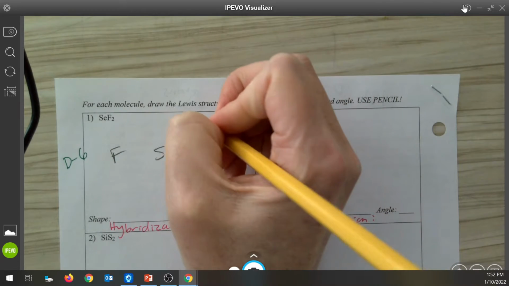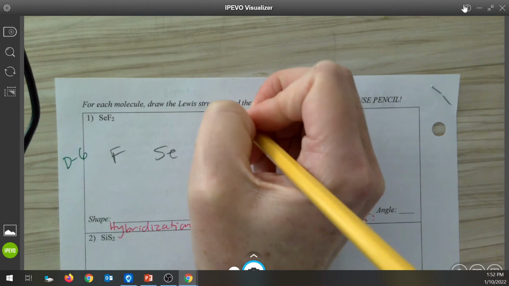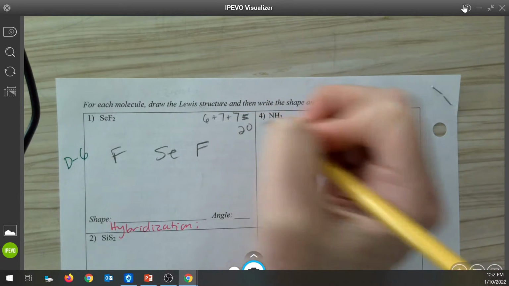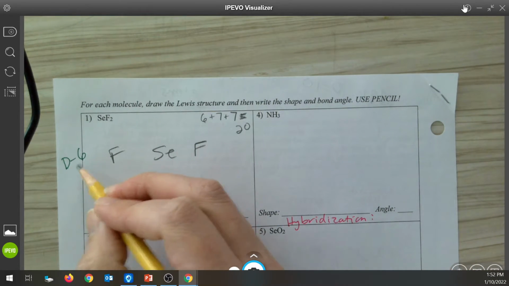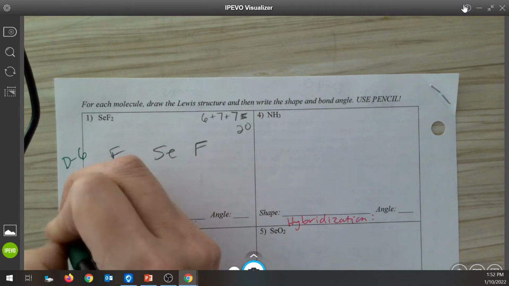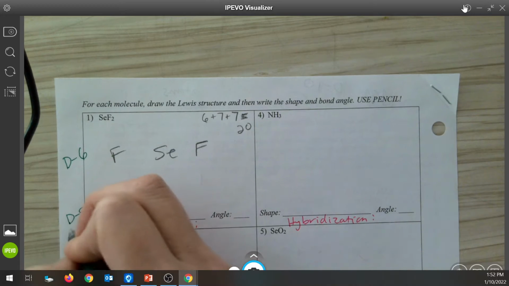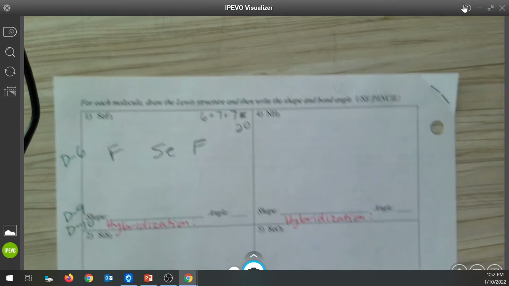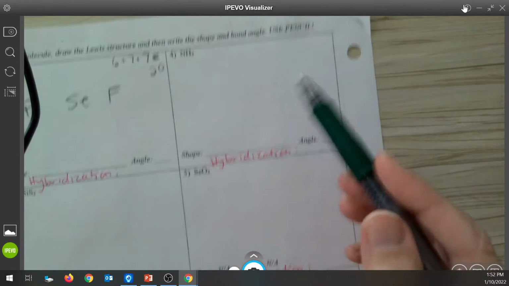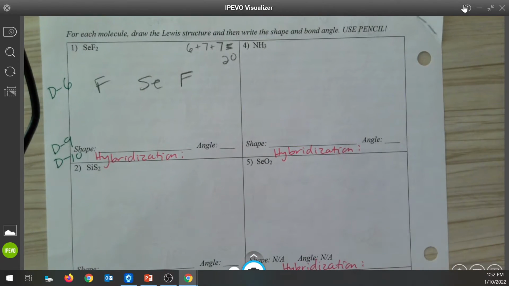Selenium has 6 valence electrons, fluorine has 7, the other fluorine has 7, for a total of 20. Follow the steps in D6 to place the electrons. For the shape and the angle, look back at D9, and for the hybridization, look at what we just did, D10. So just work your way down. Go down 1, 2, 3, and then over here 4, 5, 6.